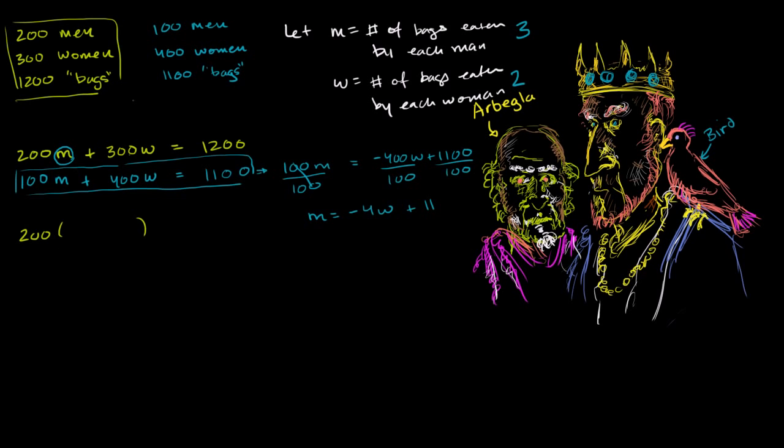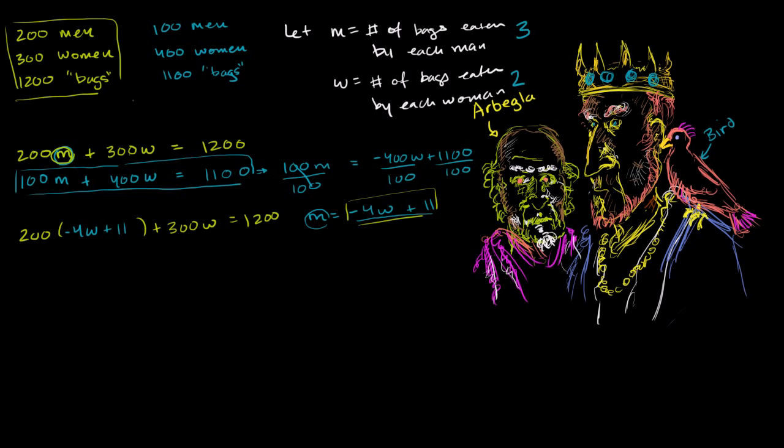So instead of writing an m, we substitute the value for m. We substitute for m the expression negative 4w plus 11. So negative 4w plus 11, and then we have the rest of it, plus 300w, plus 300w is equal to 1200. So just to be clear, everywhere we saw an m, we replaced it with this right over here in that first equation.